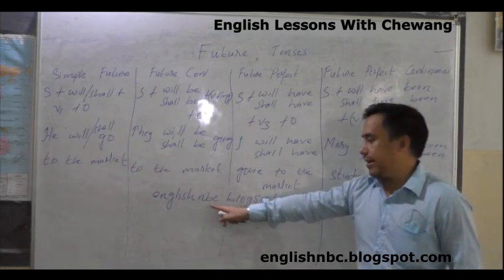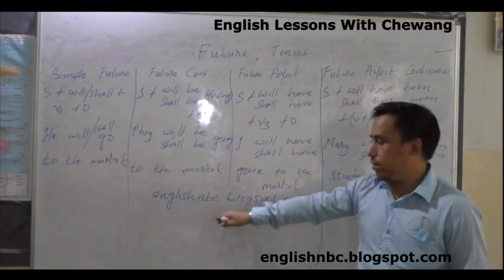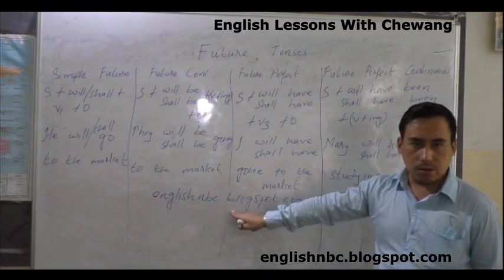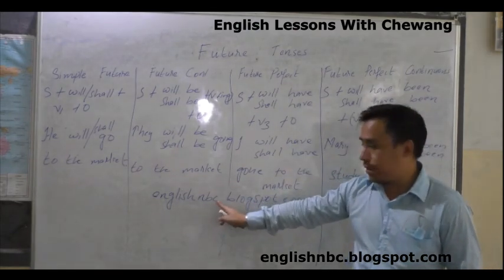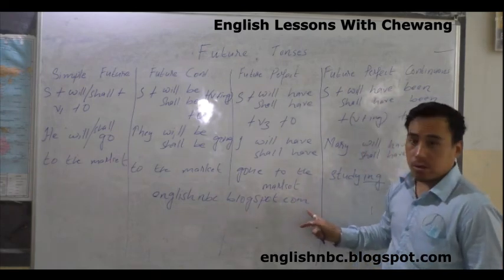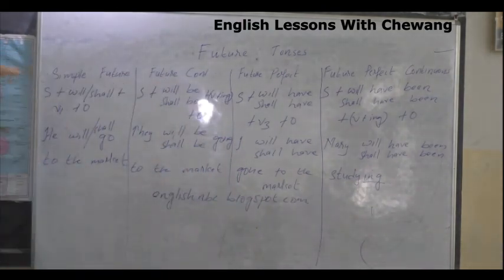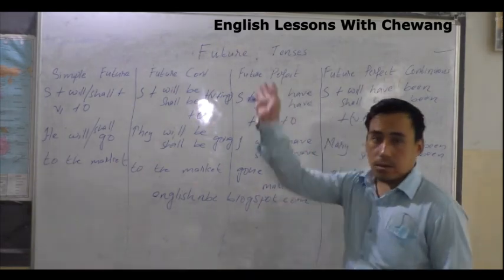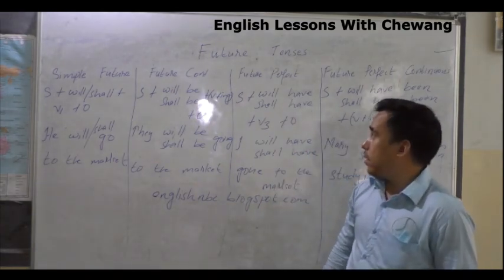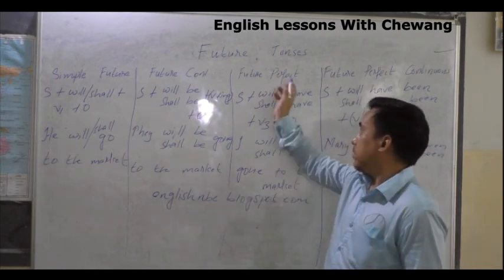Okay. englishnbc.blogspot.com. This is also my blog. You can check the notes here. Okay. Or you can also get all the forms from here. Okay. englishnbc.blogspot.com. You'll get some other notes also, and you'll get this also. Okay, tenses, all the forms in tenses. Clear? Okay, but if you're going here and trying to look it up, you avoid future perfect for now.